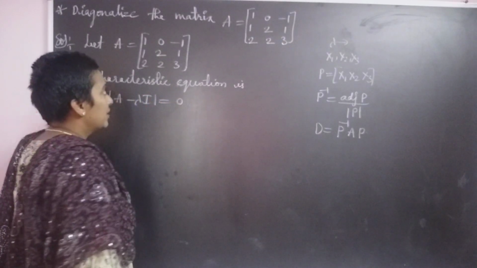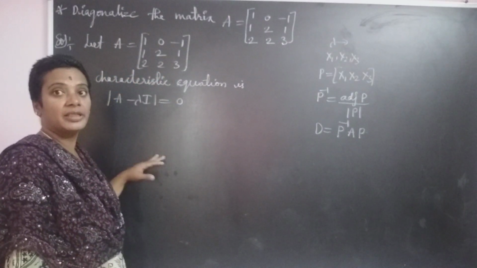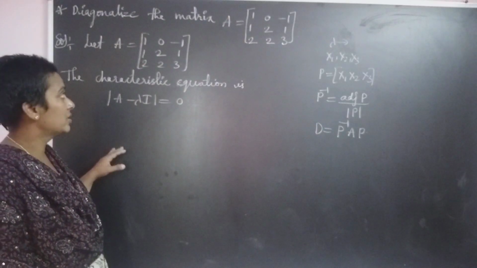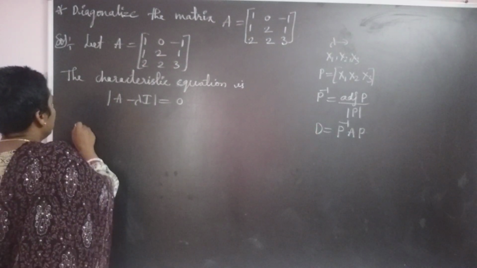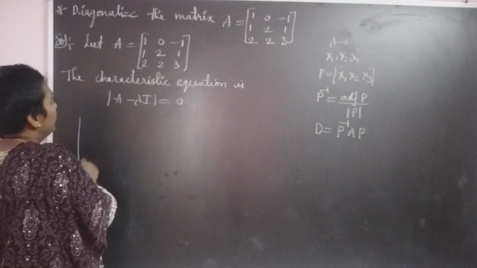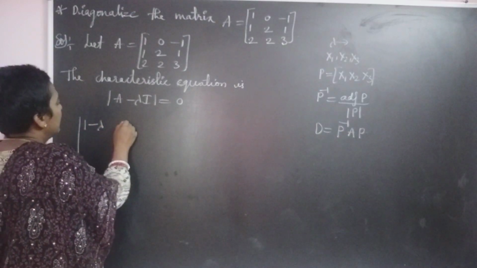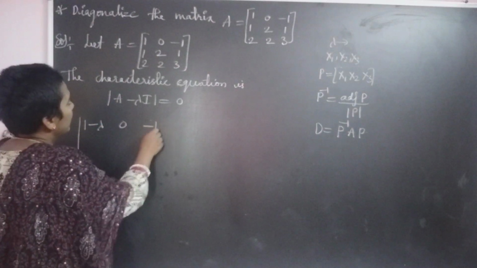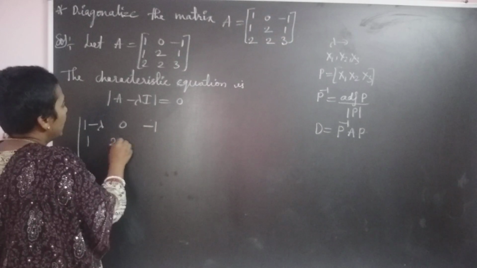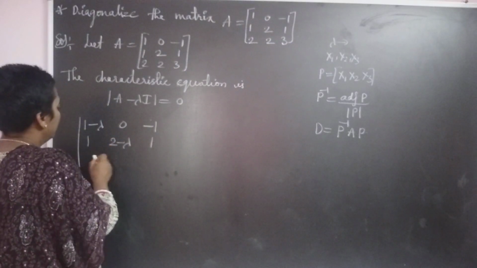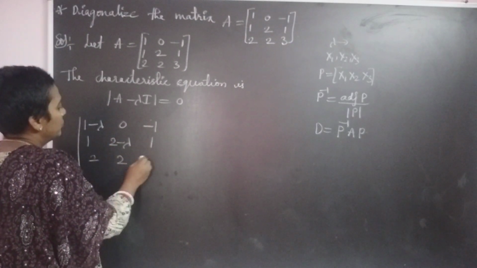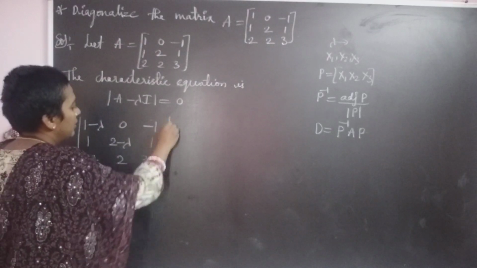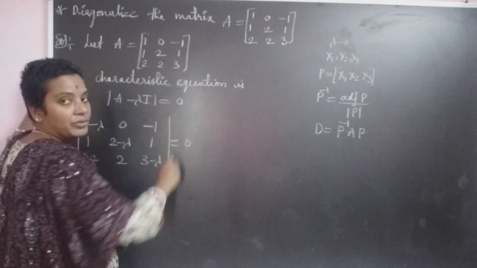That is, we subtract lambda from the diagonal elements: the determinant of [1 minus lambda, 0, -1; 1, 2 minus lambda, 1; 2, 2, 3 minus lambda] equals 0.